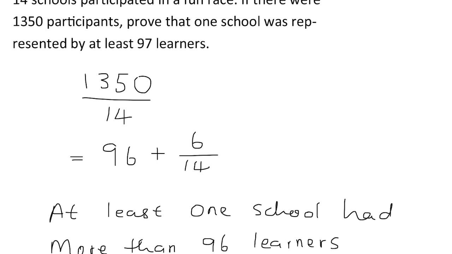Okay, so at least one school had 97 learners. So if I'm saying at least one school had more than 96, that actually means at least one school had 97 learners.